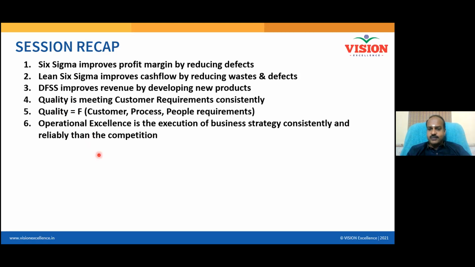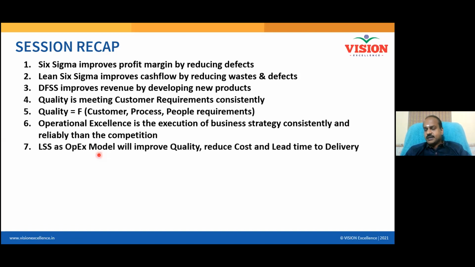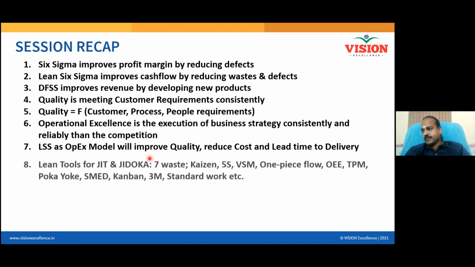In the same way, if everyone in the organization wants to make the company number 1 in terms of market share, product quality, and profit, then the approach is operational excellence. So Lean Six Sigma can be a beautiful operational excellence model that you can use to improve the quality, reduce the cost, as well as reduce the lead time to delivery, right?